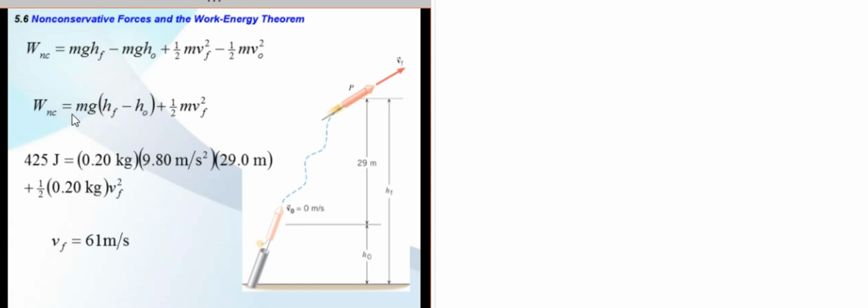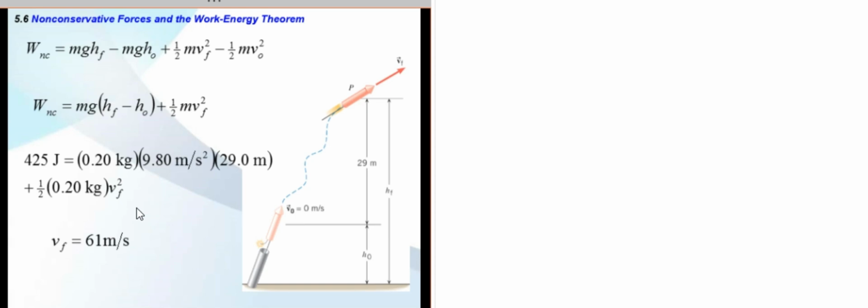So WNC is equal to mg times the quantity hf minus ho, plus 1/2 mvf squared. The term 1/2 mv sub o squared becomes 0 because the initial velocity is 0. So we are left with this equation, and what we are asked is the v final.